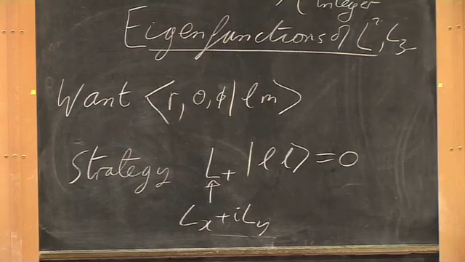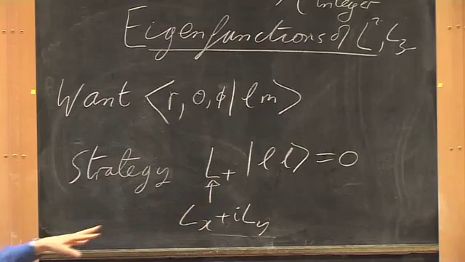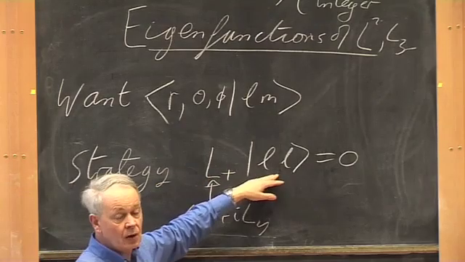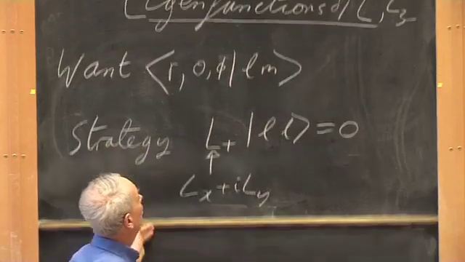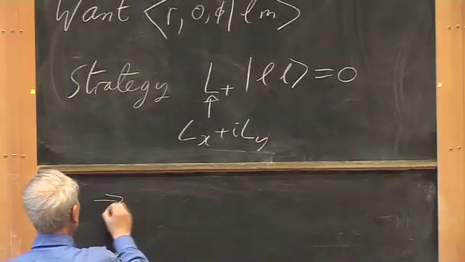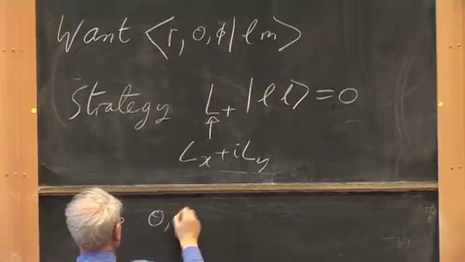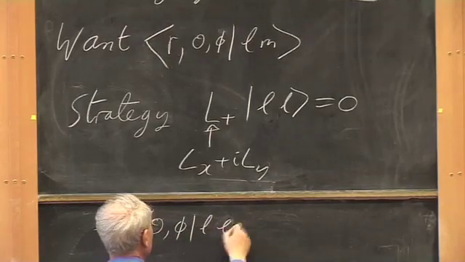So this is an operator equation. We will look at this operator equation in the position representation, and then it will become a first-order differential equation. We will solve it. It'll turn out to be dead simple to solve. That will lead us to, let me leave off the R because we're not really interested in R for the moment, it will lead us to ⟨theta, phi | L L⟩.